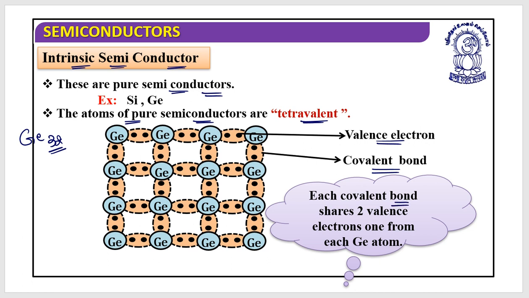Each covalent bond shares two valence electrons, one from each germanium atom.